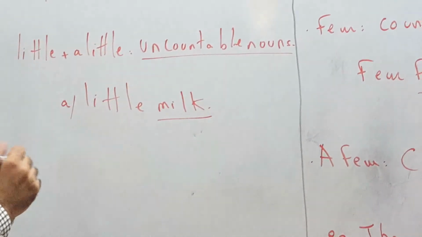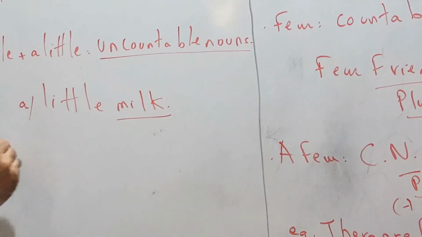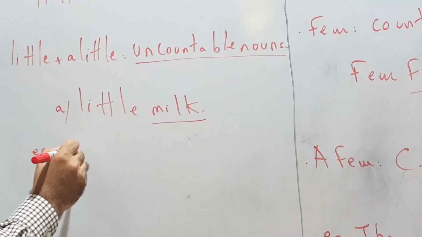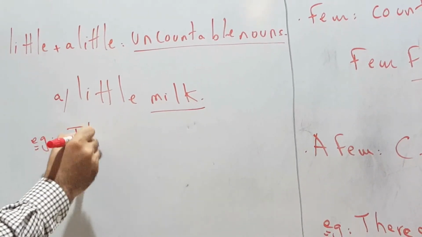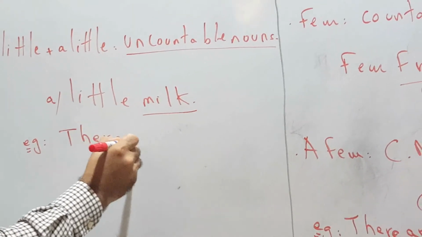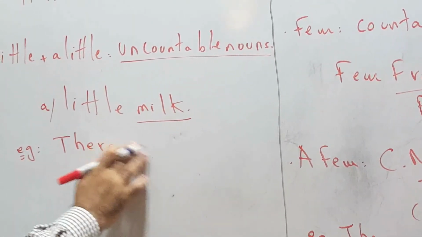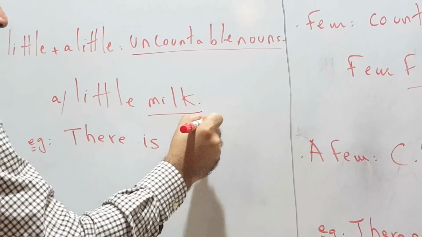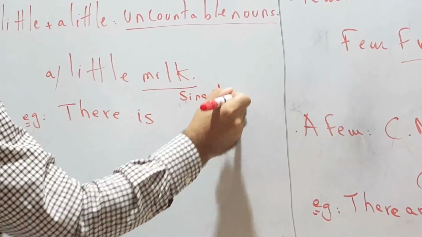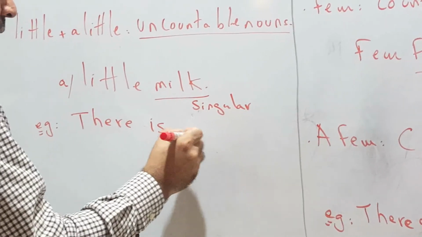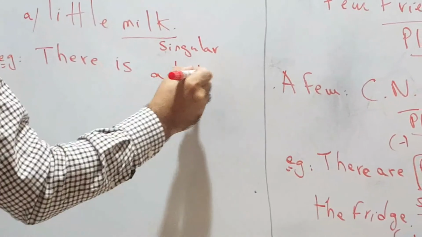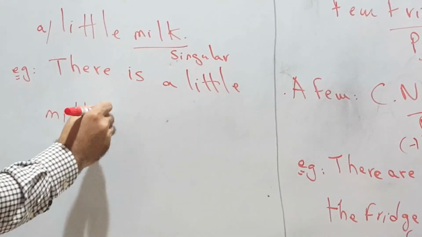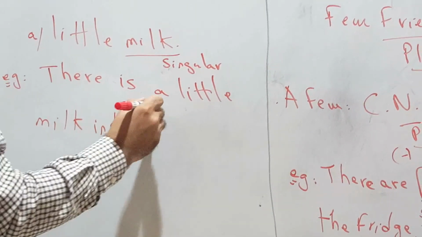So let's see some examples to distinguish the difference between them. Let's take this example. There is, as it is a singular noun, we use is. There is a little milk in the bottle.